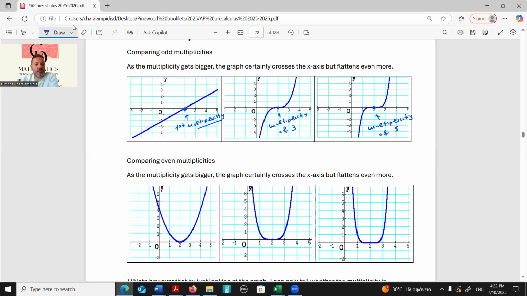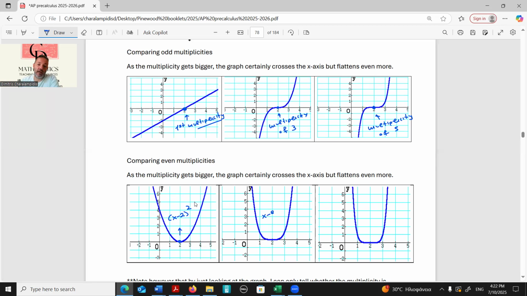The same concept follows when we are dealing with even multiplicities as well. For a fact, the graph will bounce back, but it will bounce back in a flatter, let's call it, way. Here, for instance, I started with (x minus 2) squared, where we obviously have a multiplicity of 2.